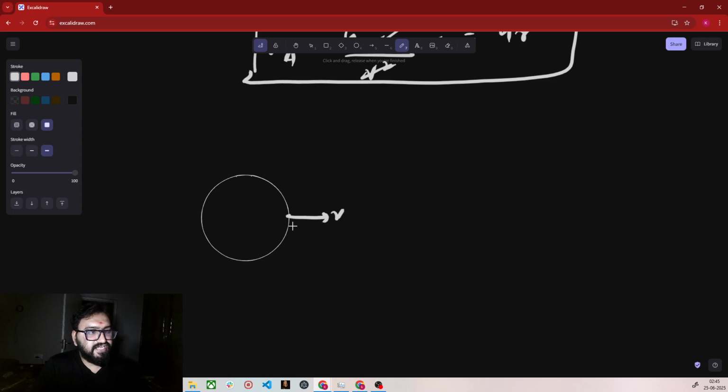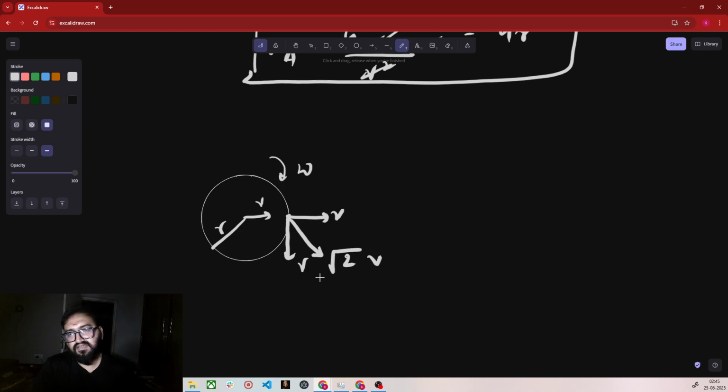It is V, right? What is the rotational component? What will be its direction? It will be along this direction, right? Since this is omega, this is V, this is R, so omega into R will be along this direction, and the magnitude will be omega R, which is equal to V. The resultant would be along this direction. What will its magnitude be?